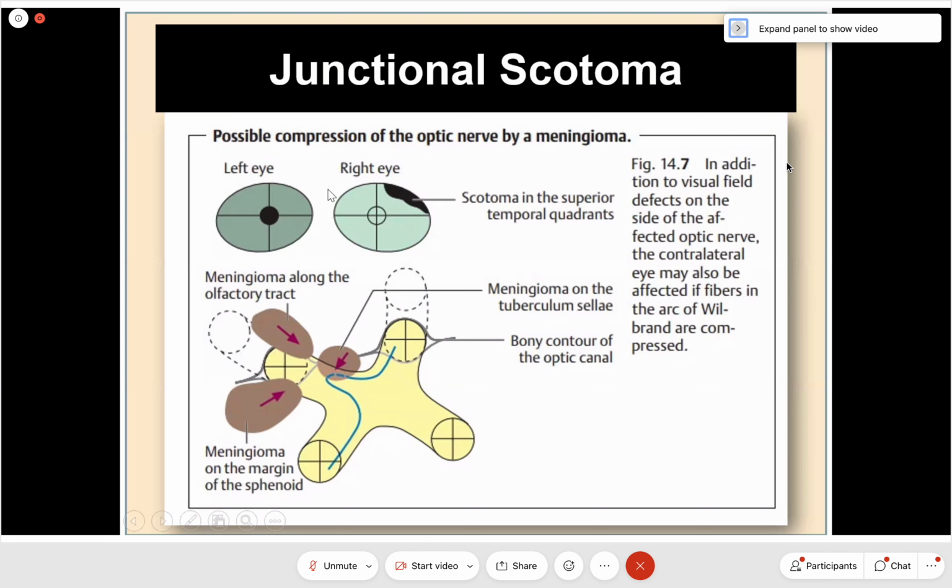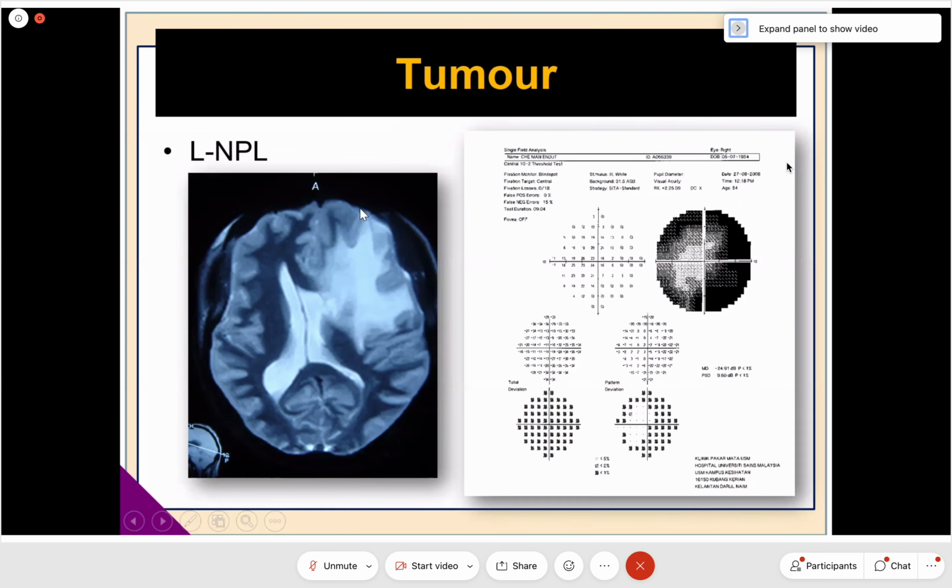For example, in meningioma, if it compresses directly the von Willebrand knee, the patient will have a left visual field defect with a contralateral superior temporal visual field defect. In severe cases, if it involves the anterior chiasm, for example a huge mass here, the left visual field can be lost, the patient can have left NPL, and the right eye like a junctional scotoma, but it progresses with diffuse visual field loss.